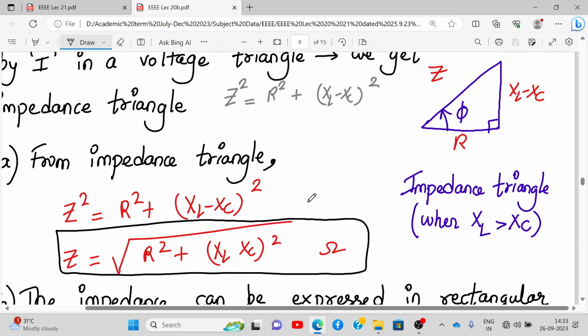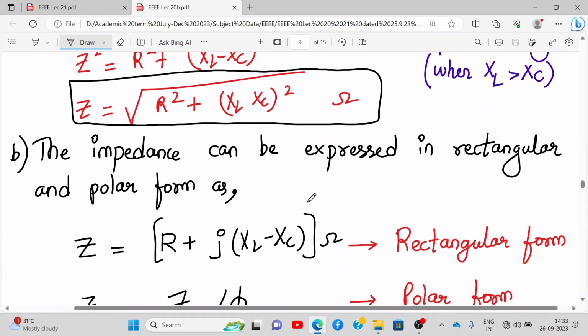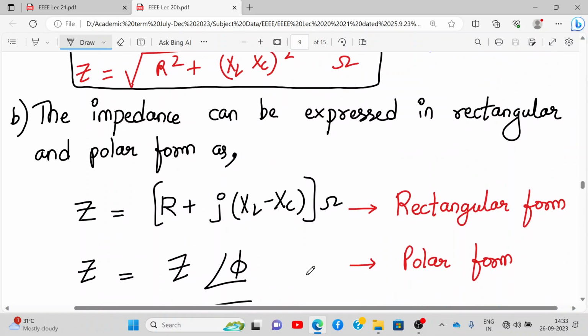Can you express this impedance in polar and rectangular form? Yes, you can. So if the circuit is inductive, what will it come? R plus XL minus XC. If it is capacitive, it will be minus. So please write down impedance in polar and rectangular form. Z bar is R plus j(XL minus XC), and the polar form will be Z angle phi.